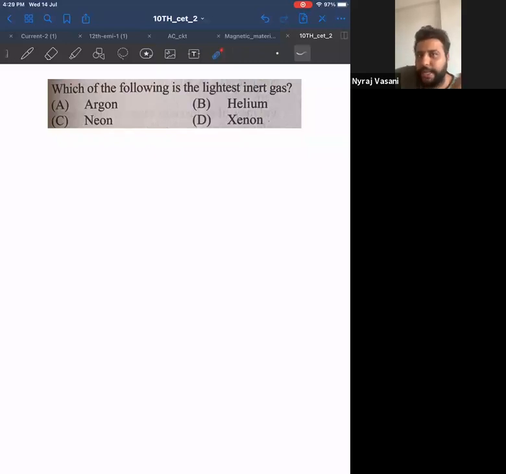Can you tell me why? Let me repeat. In hot air balloons, you use helium gas, but actually hydrogen gas is 5 times lighter than helium gas. But in hot air balloon, I don't prefer hydrogen. I prefer helium, even though it is a little heavier. Even though it is the lightest inert gas, among all the gases, it is not the lightest. Among inert gases, it is the lightest, meaning among noble gases.